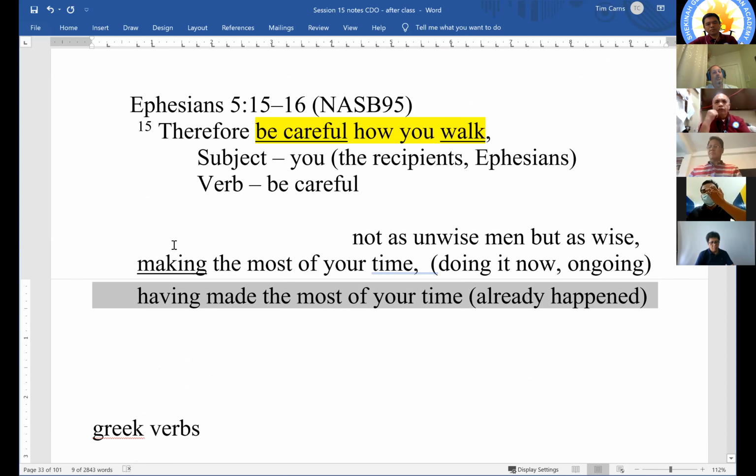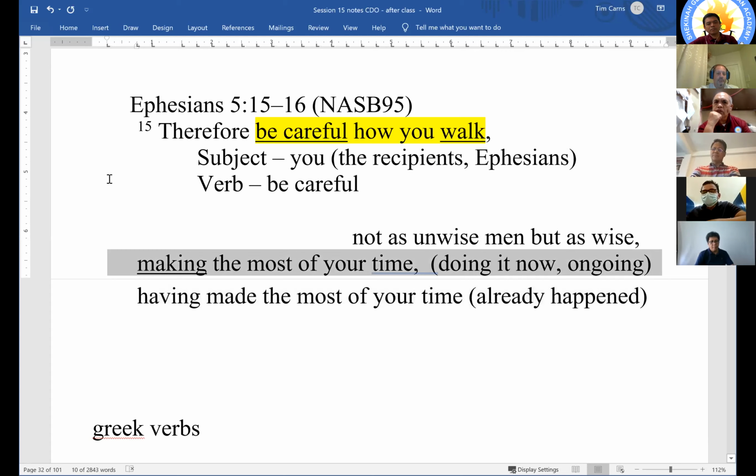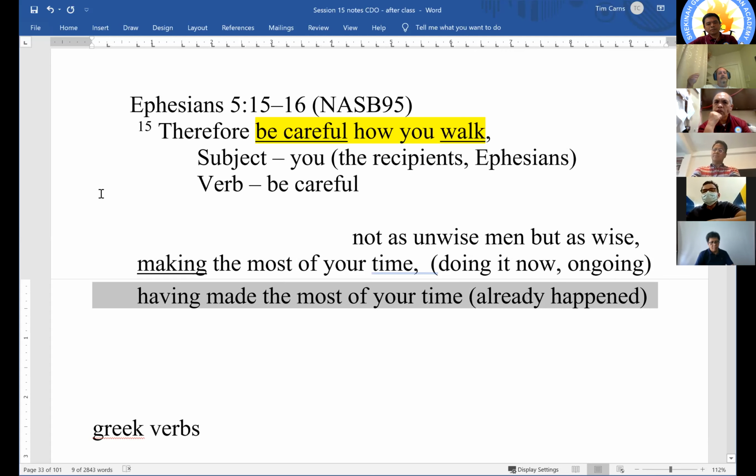Be careful how you walk. It's describing how you walk. In this case, it's describing how you walk today. In the second one, it's saying be careful how you walk, and it's almost giving a reason to be careful, because you made the most of your time in the past. It's a totally different idea that would have been expressed. Now he didn't say the second one.